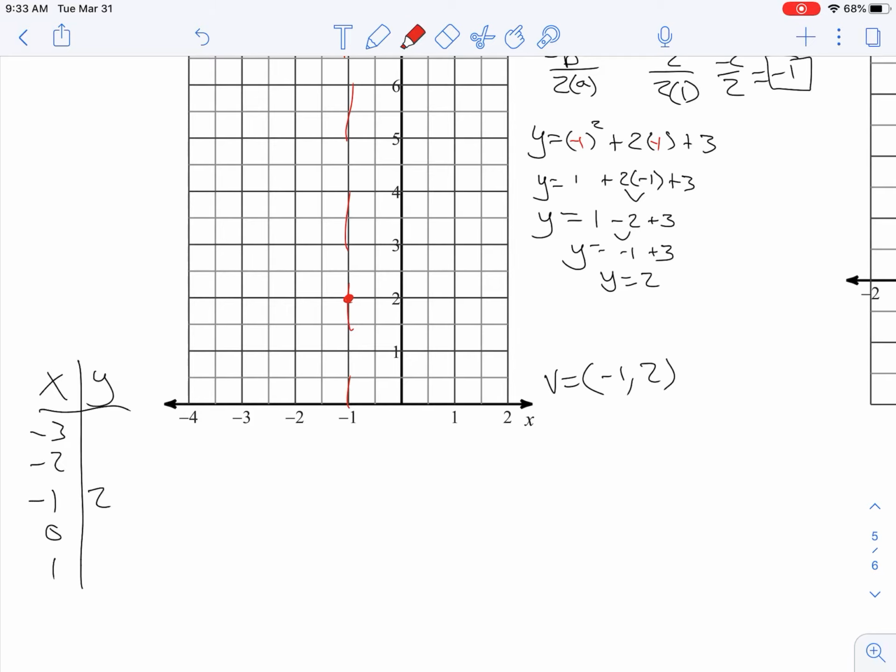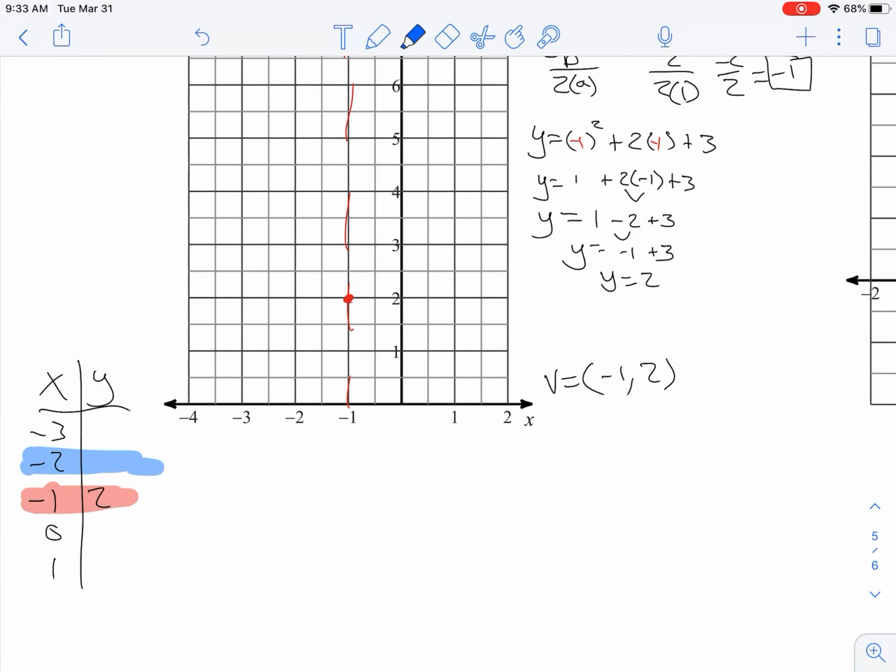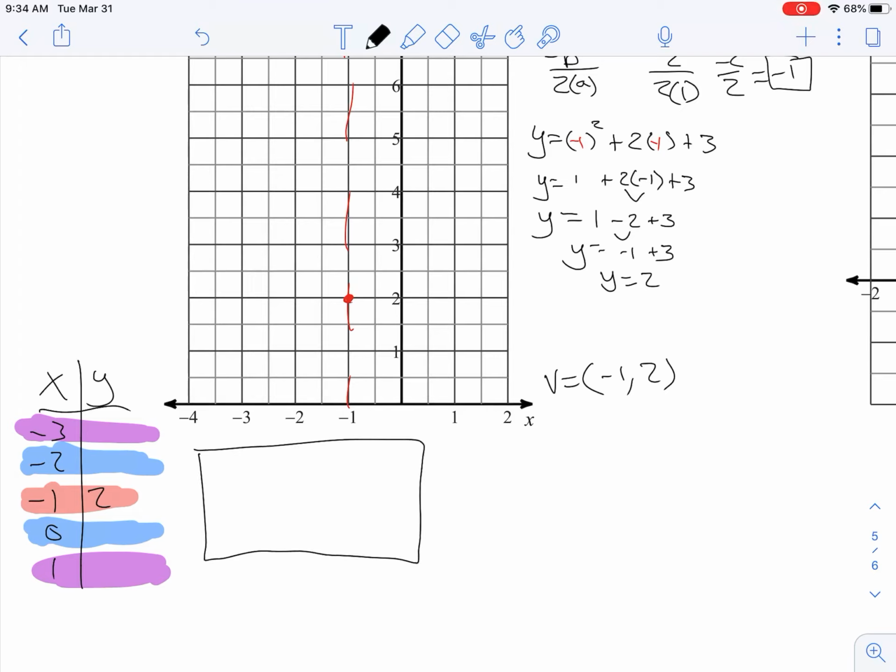And then remember, this was my red point, my vertex. In blue, whatever I get for this negative 2 in blue will also apply to 0. And whatever I get for this 1 in purple will also apply to this negative 3. So I really only need to plug in 1 blue number and 1 purple number, and I can use it for both.